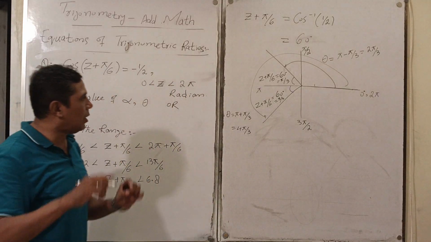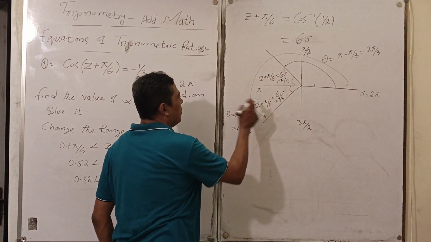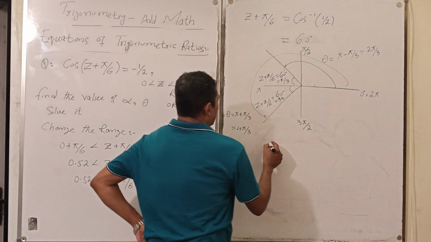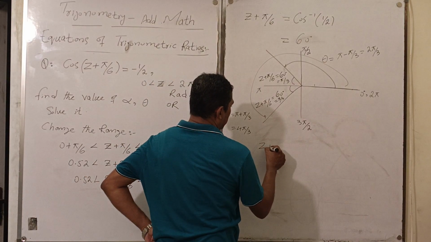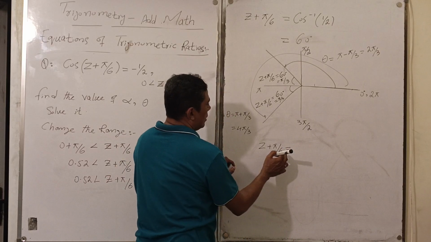Clear? Now what you need to do is find out the value of z. So what is the value of z? z plus pi by 6 equal to what?